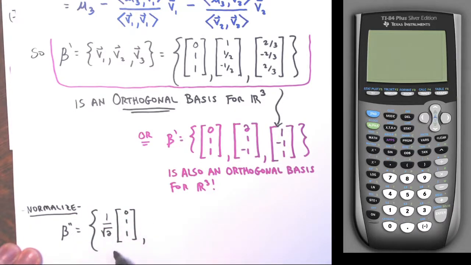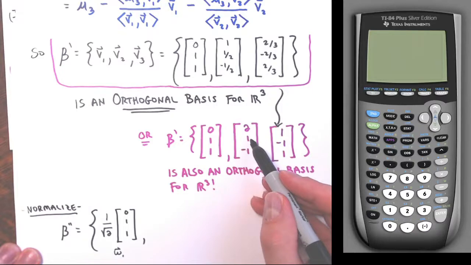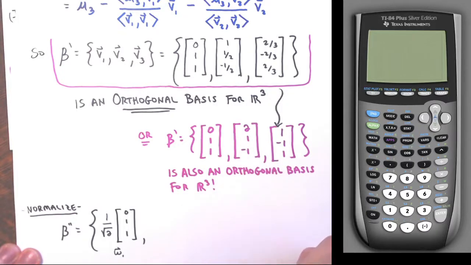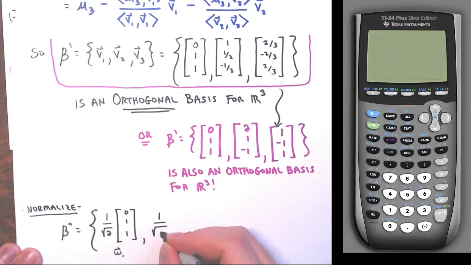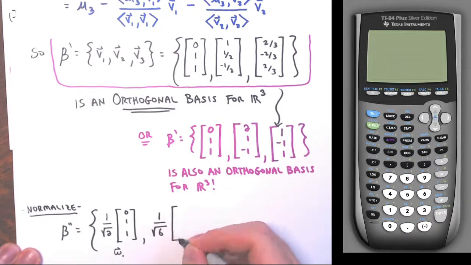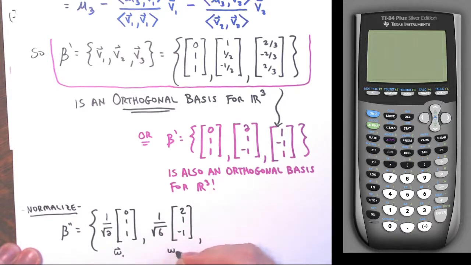for W1, let's say. And then the norm of this vector would be 4 plus 1 plus 1, so the square root of 6 would be the norm, so 1 divided by the square root of 6 times the vector 2, 1, negative 1. Let's say that's W2. And then the norm of this vector is the square root of 3, right?